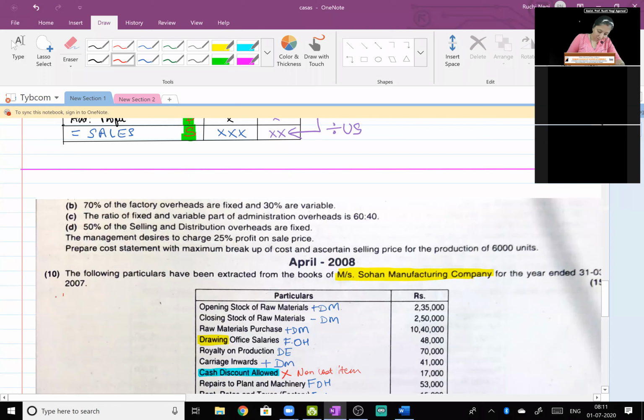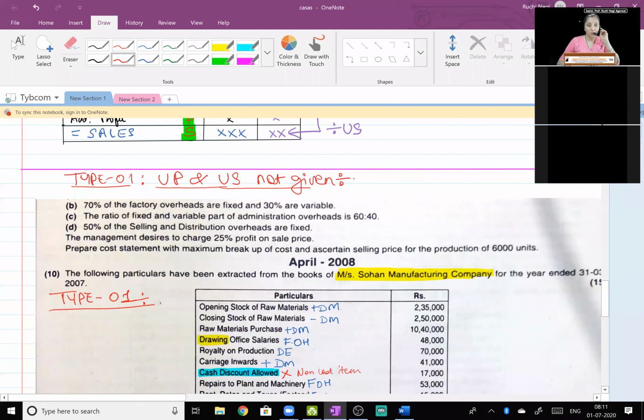In the question only I'm marking it, okay? Type 1. Units produced and units sold not given. Make a note of all these things.